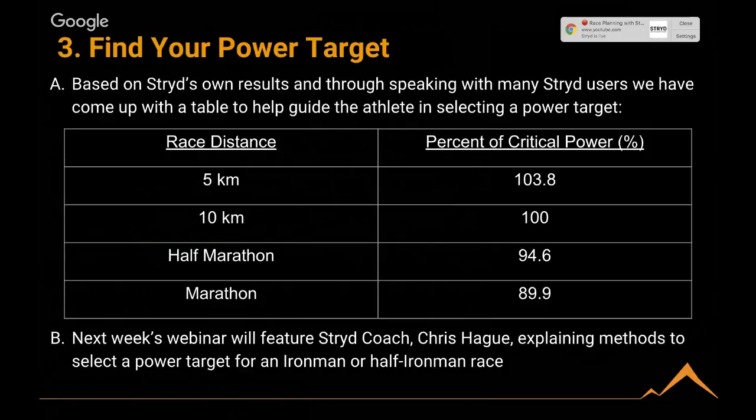Jumping back to the screen share, we have a question from Paul Wilkie. Paul is using Stryd for his run and TrainerRoad for his bike and swim. His half marathon training plan is running 6 days a week.